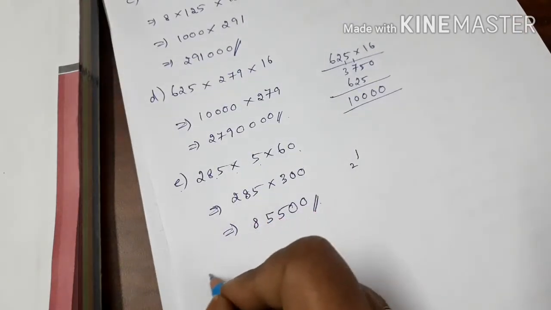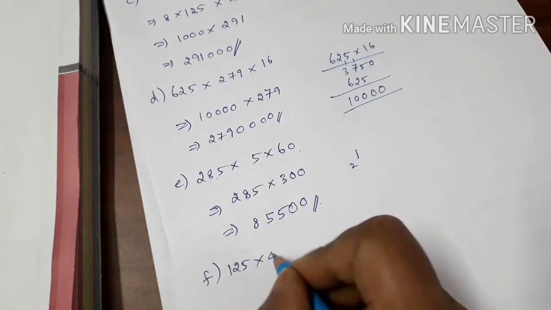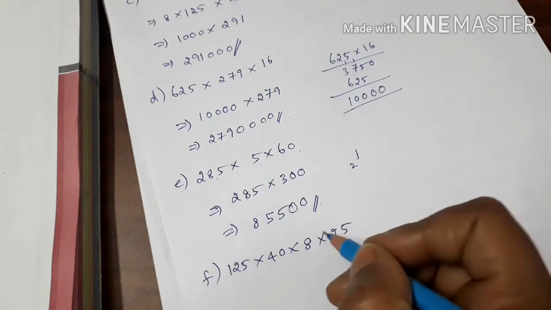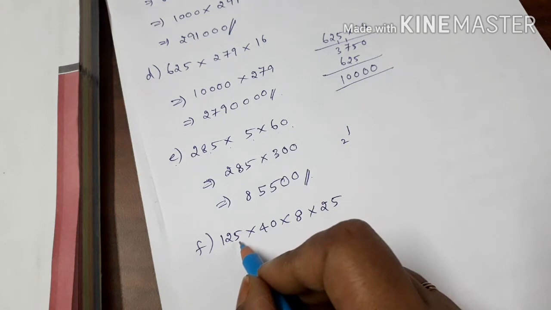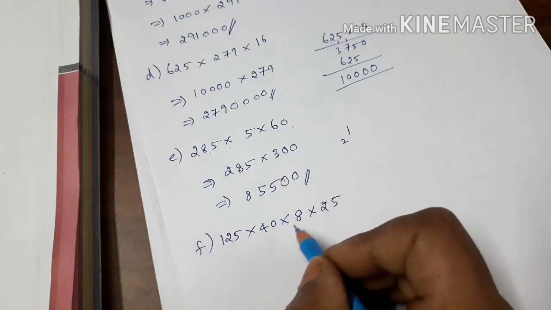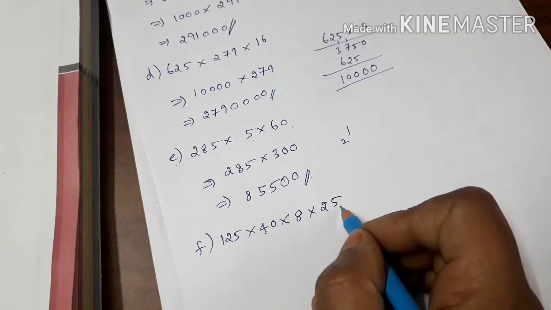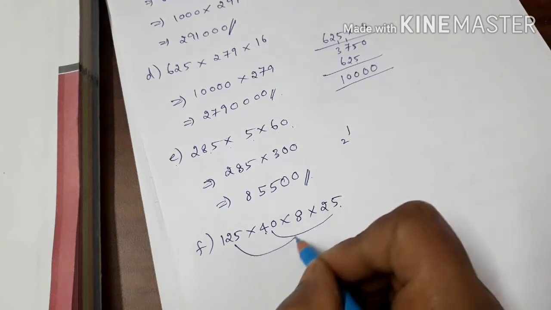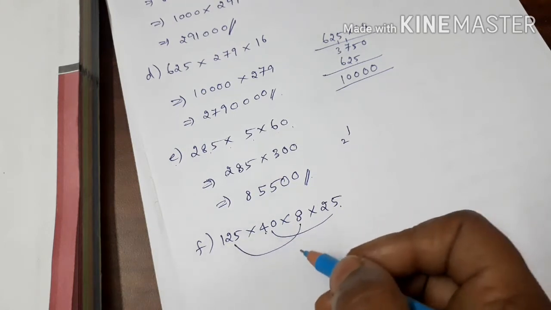Next F sum: 125 into 40 into 8 into 25. Here we already know 4 into 25 is 100. And 8 into 125, we get the answer easily.